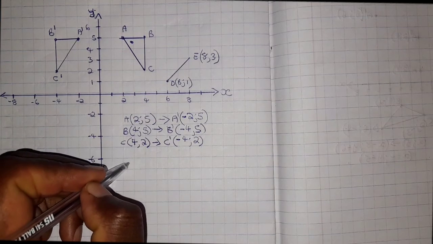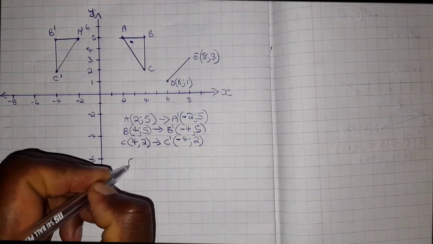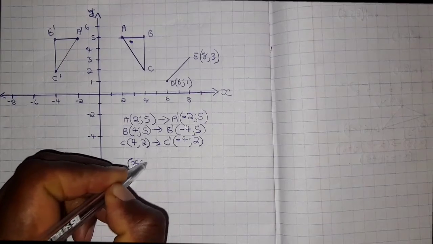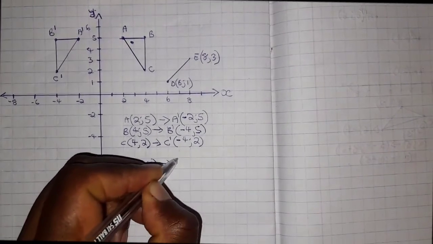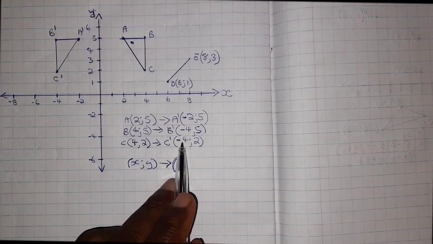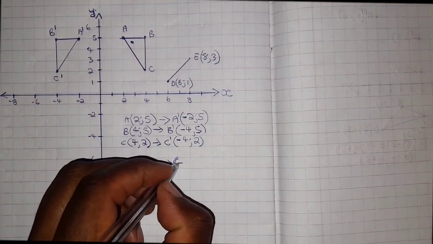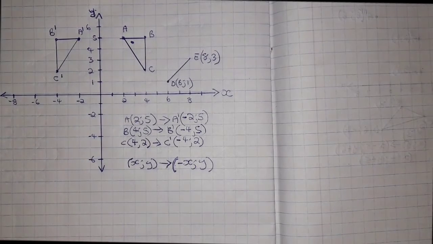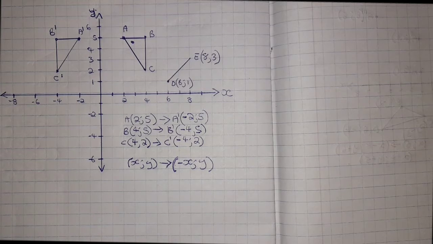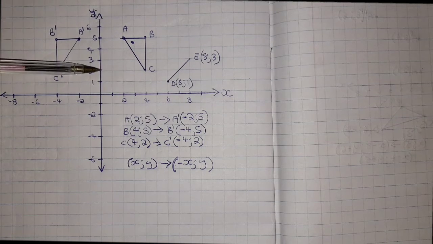So we can say in general, (x, y) is mapped onto (-x, y). This is the general rule for what we refer to as a reflection along the y-axis.